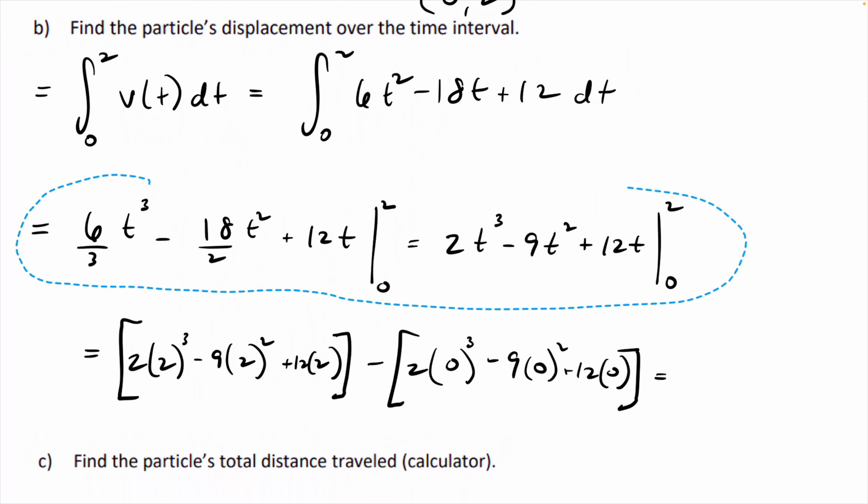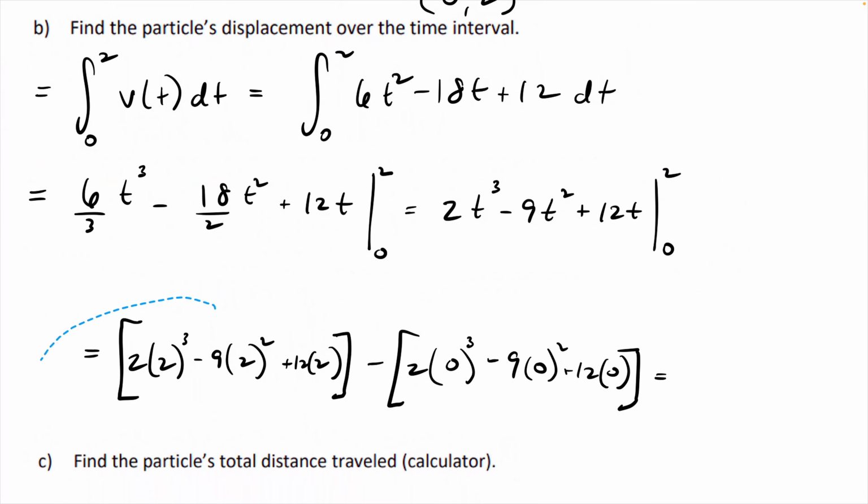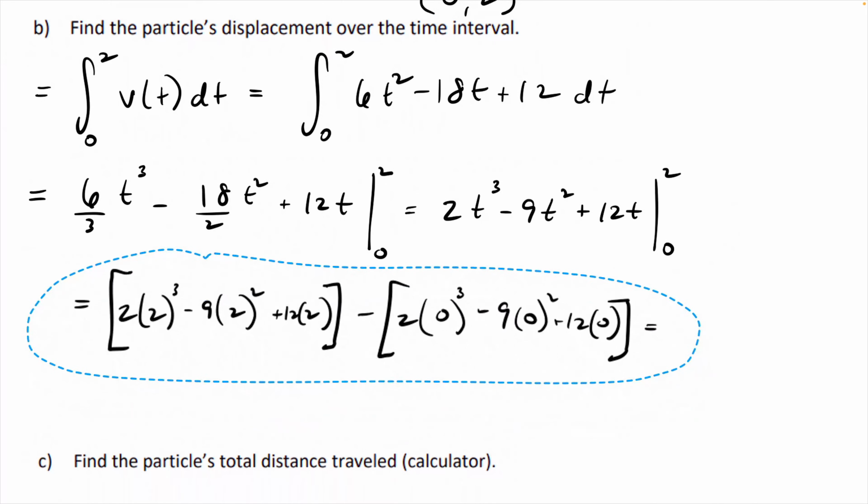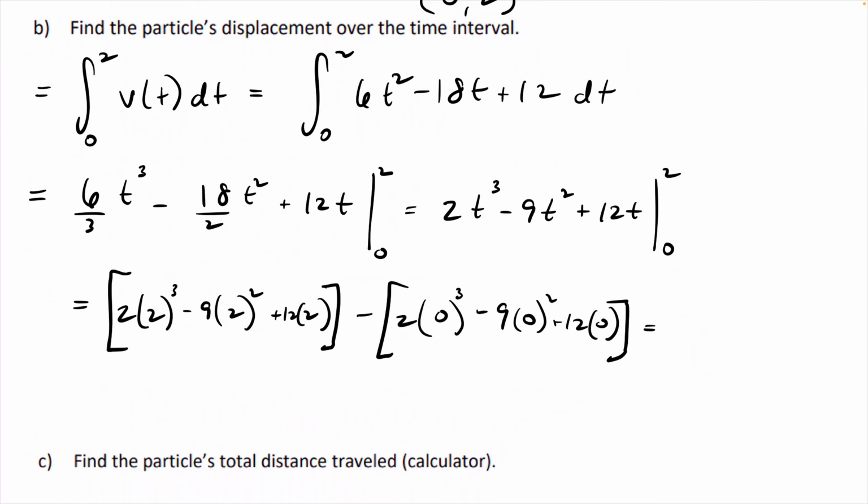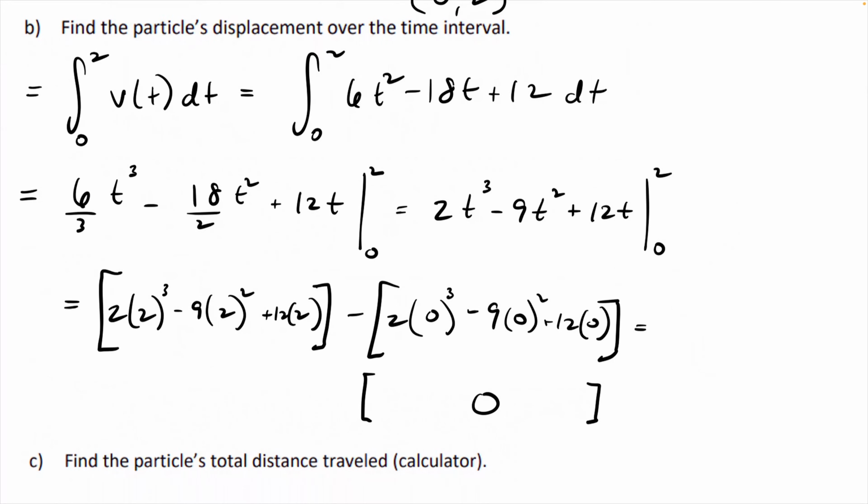We've done this part many, many times. So now I've got to do my number crunching. Well, the easy one is the second one, because 0 cubed times 2 is 0, minus 0 squared times 9 is 0, plus 12 times 0 is 0. So that one's going to be 0. This one, I have to do a little more number crunching.